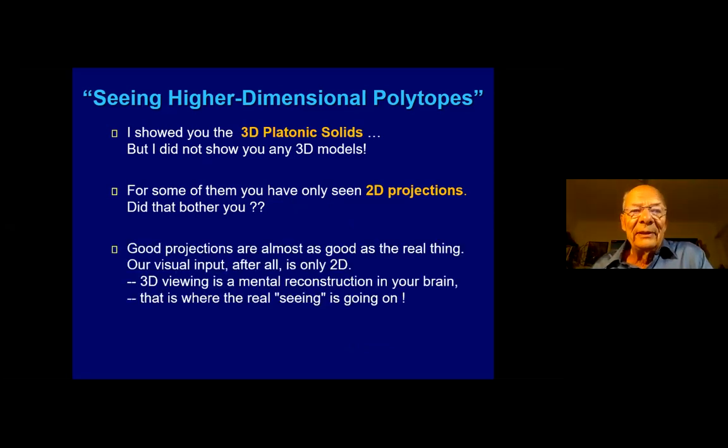Probably not, because good projections are almost as good as the real thing, because after all, our visual input is also only 2D on our retina. So the 3D viewing is a mental reconstruction in your brain. That is where the real seeing is going on. Now, what is a good projection?